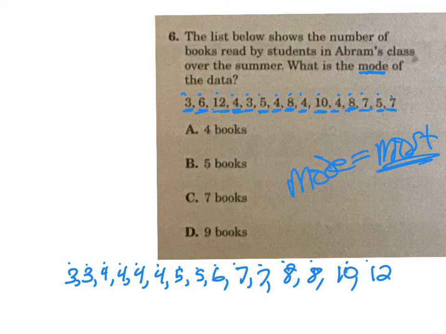Which one is most? There's 2 3s, there's 4 4s, 2 5s, a 6, a couple 7s, a couple 8s. So it's obvious that there's the most 4s. So the mode in this group is 4 books. So you will need to know median, mode, range, mean. Okay?